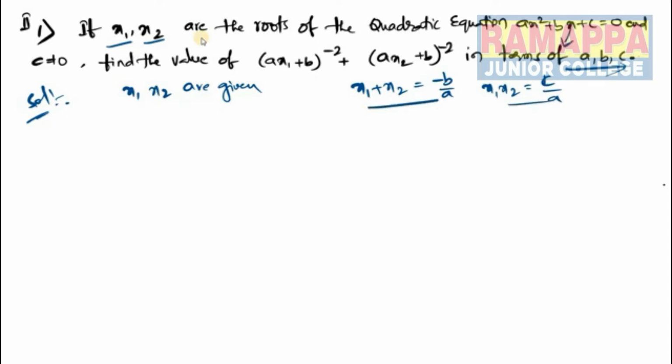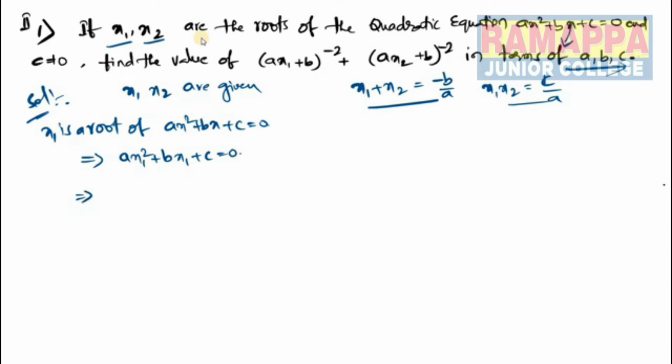Now he is asking us to find the value of (ax1 plus b) whole power of minus 2 plus (ax2 plus b) whole power of minus 2 in terms of a, b, c. Here x1 is a root of ax square plus bx plus c, so ax1 square plus bx1 plus c is equal to 0. Taking x1 common, x1 times (ax1 plus b) plus c is equal to 0.